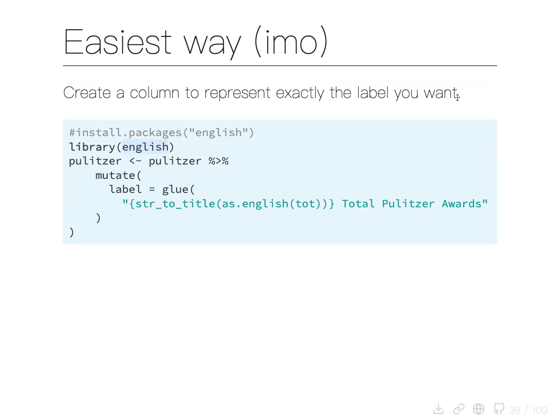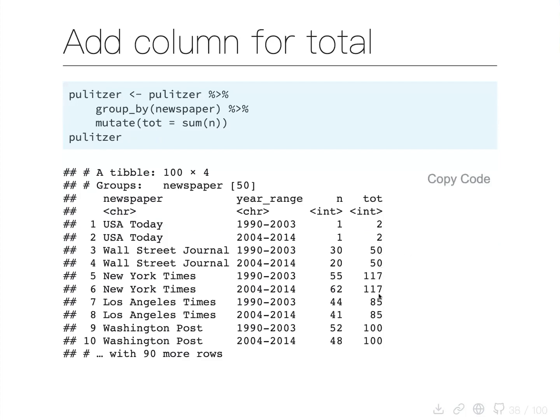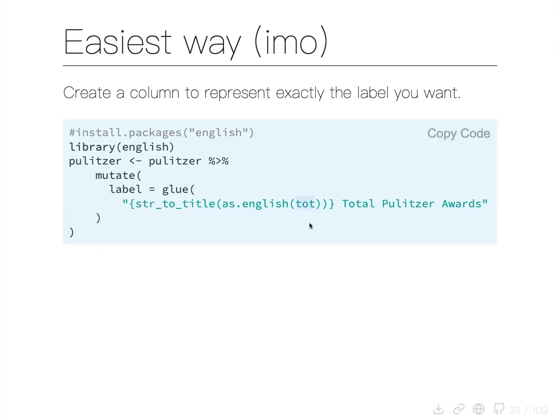Okay, and so what I'm doing here is with Pulitzer, right? I'm saying mutate. I'm creating a new column called label. Okay, that label is going to be glued together from this, which I'll go over in a second, plus "total Pulitzer Prize awards." Okay, so basically this part is we're taking that tote column, that total column back here, 5, 117, and we're putting that in English words.